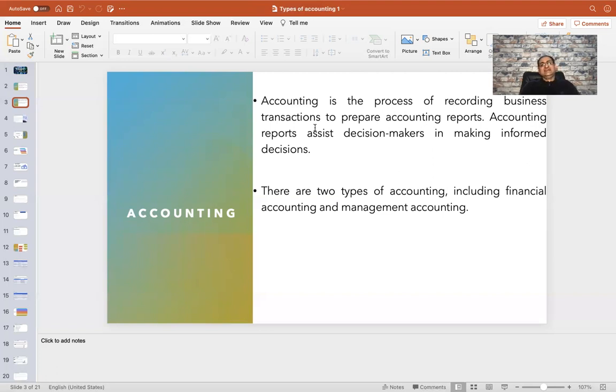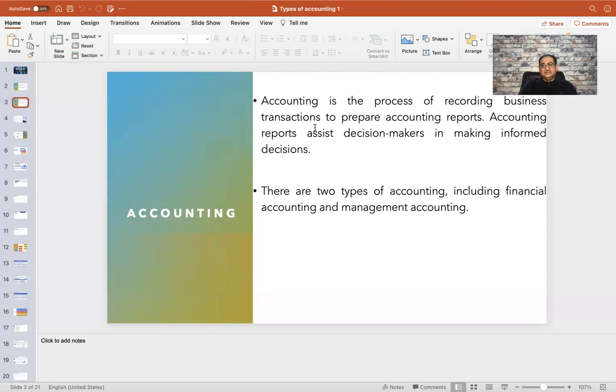So we can say that businesses are involved in different transactions and accountants are recording these transactions, and with the help of recording these transactions, the accountants are preparing the financial statements. And these accounting statements are prepared so that the decision makers can make informed decisions.